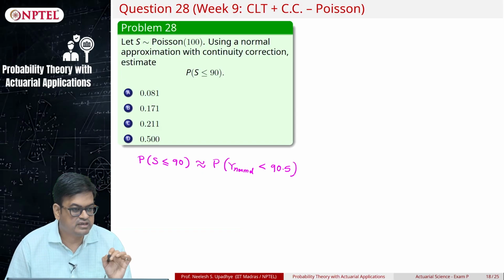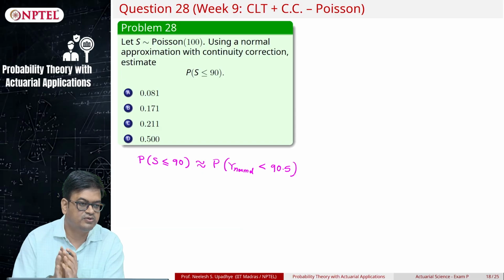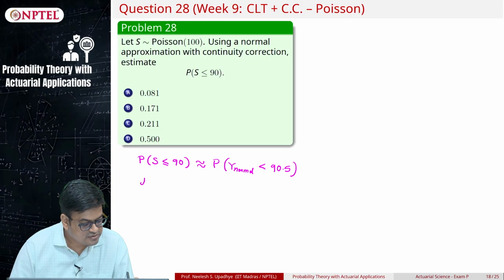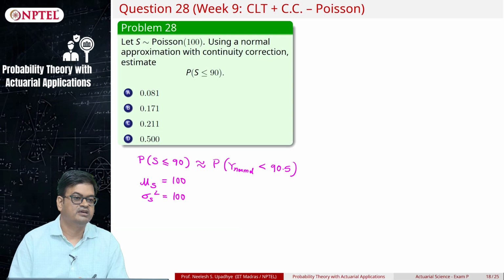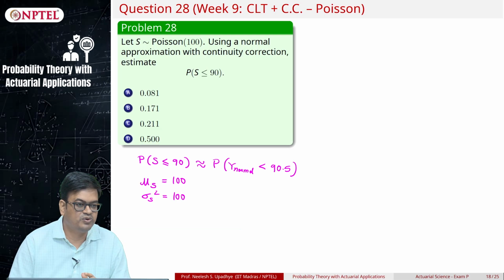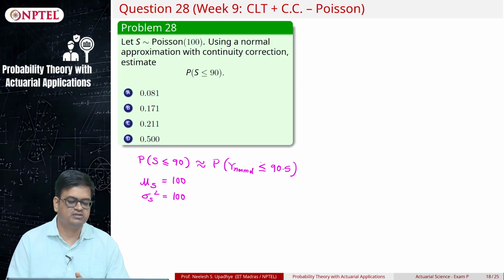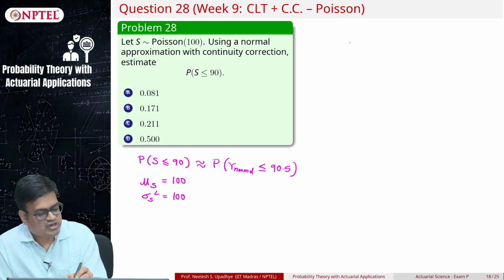Okay, so that way I have actually taken into account continuity correction. Because it is Poisson, you do not really have to worry. What is mu S here? Poisson 100, it is going to be lambda, and variance also is going to be lambda, right. So, no specific computation, the only thing that is required is Y normal less than 90.5. Because it is a continuous random variable, you can also say less than or equal to, because that will help me in quantifying the terms.